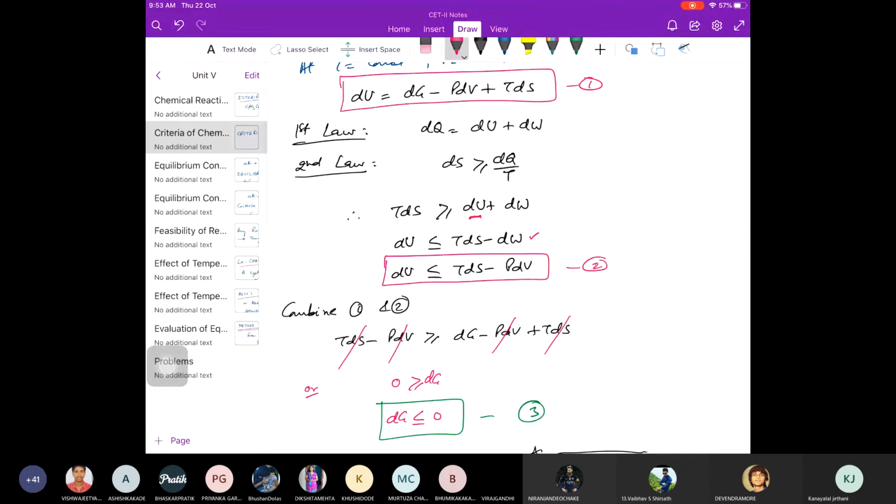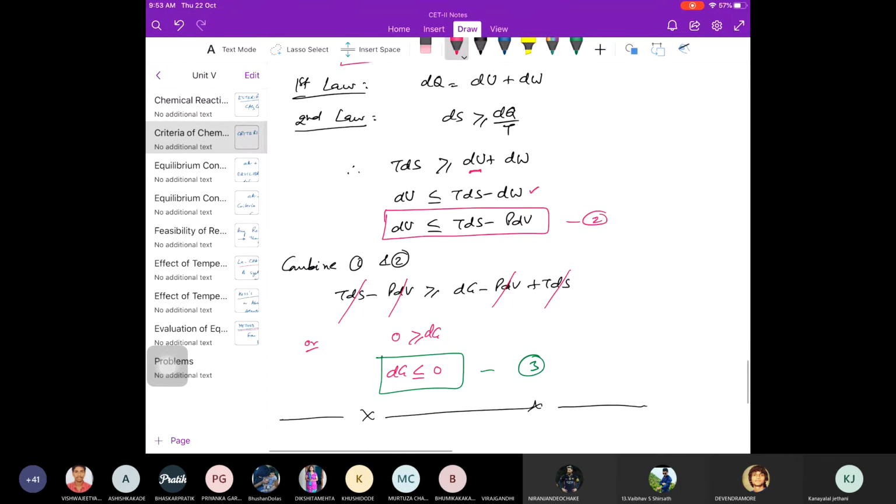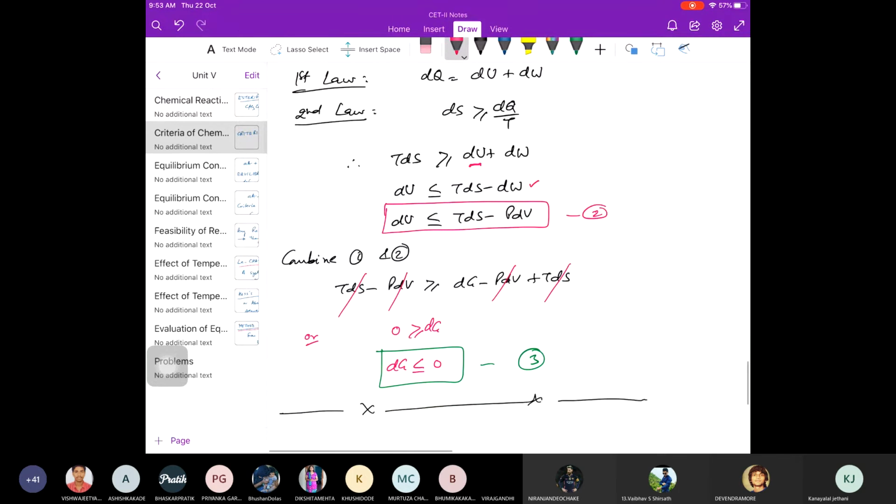If you combine equation 1 and 2, left hand side is same dU. So what you'll get is TdS minus PdV is greater than or equal to dG minus PdV plus TdS. So these will cancel out, and what you get is dG is less than or equal to 0, which we had proved before, right? Equality is for equilibrium or reversible reaction, and this less than is for irreversible.